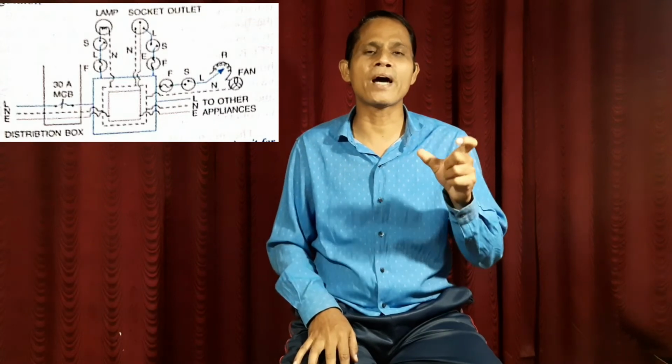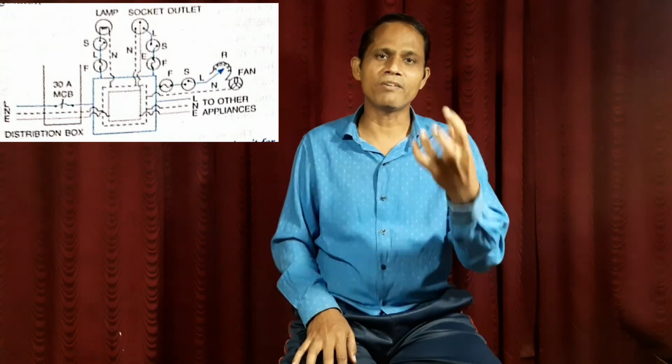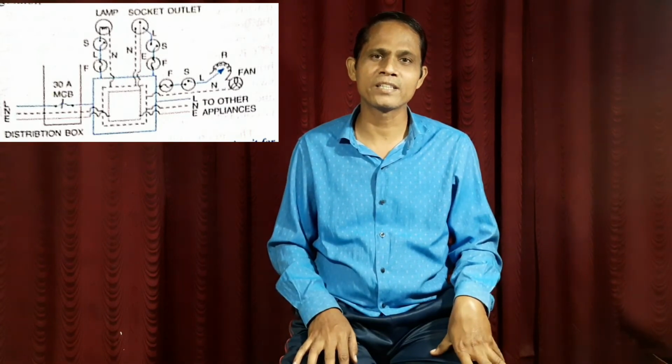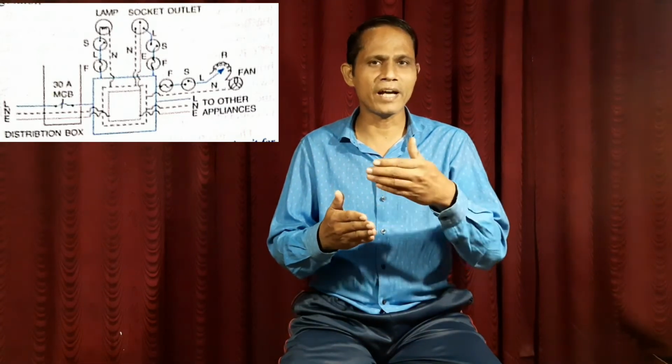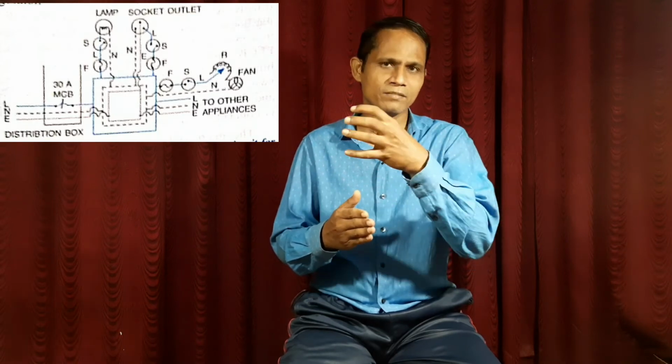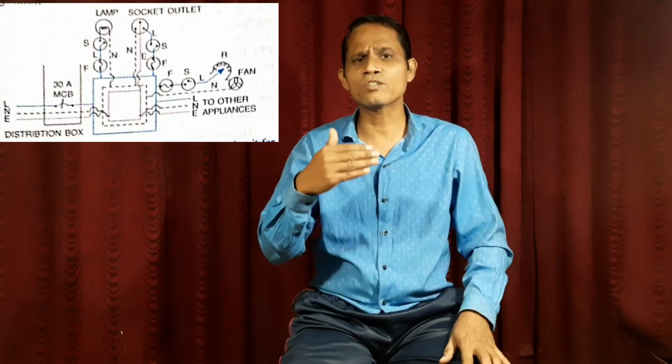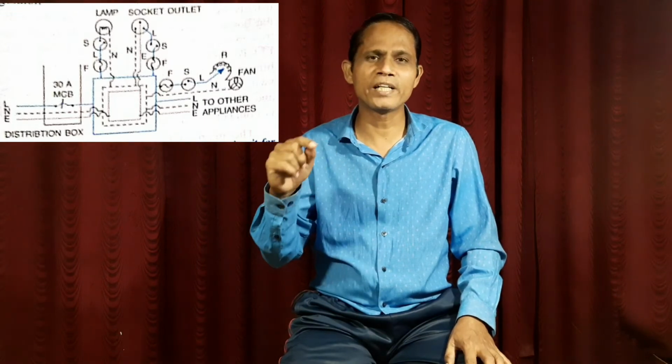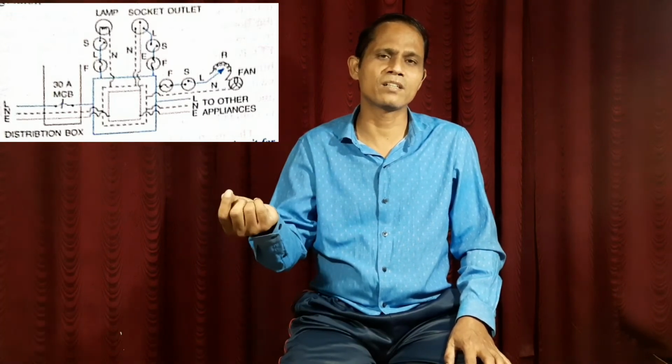So this is a parallel arrangement, and the advantage of a parallel arrangement is that each appliance has its own socket, its own fuse, and its own switch. So you can independently operate any appliance.